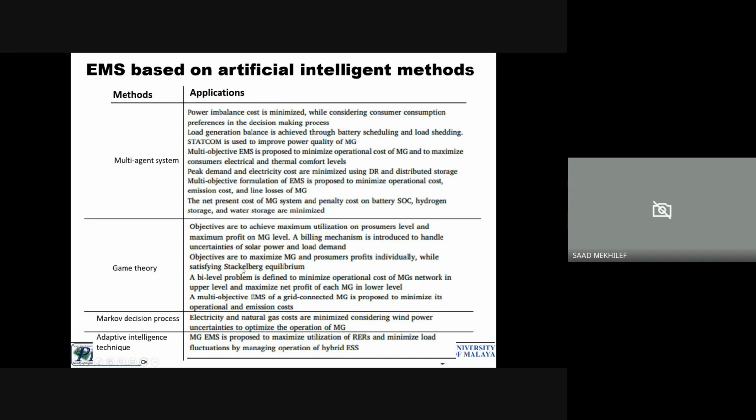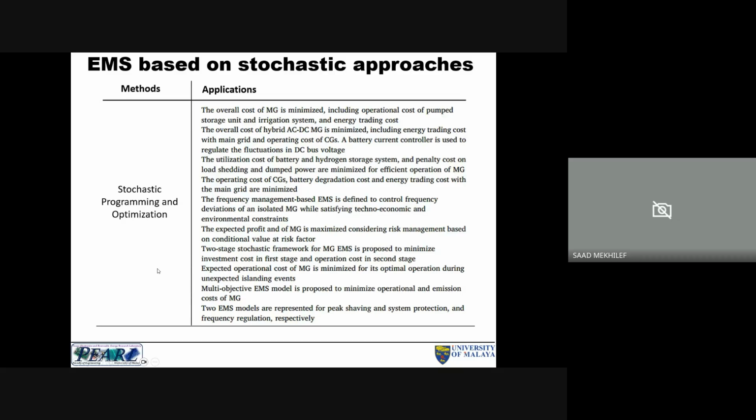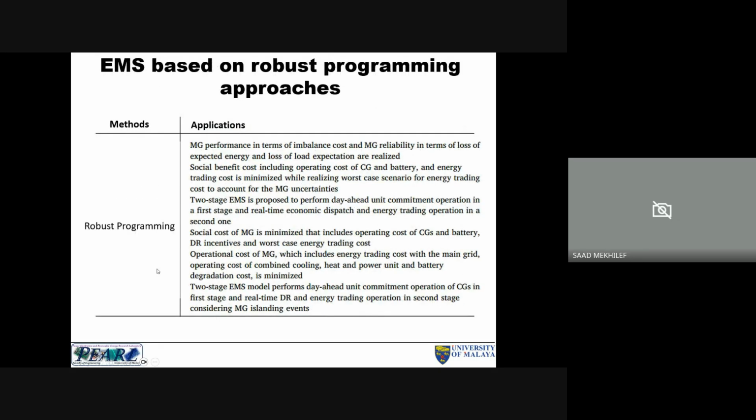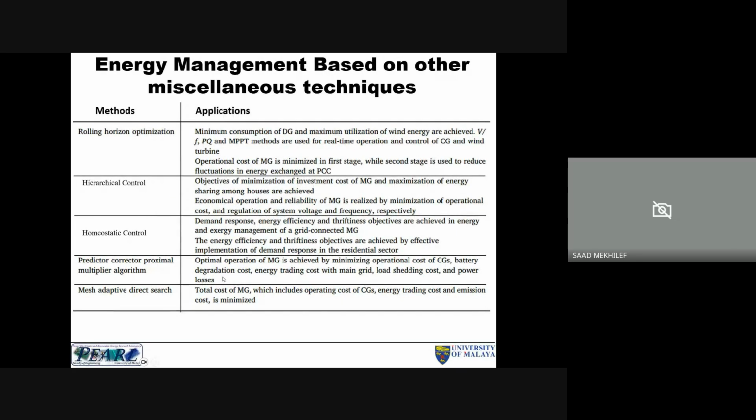Different techniques perform better in different cases. For programming approaches we also have quite a number of methods, and this is the comparison. I will share this if some of you are interested, along with the references. This one is based on predictive control, as I said before. Predictive means you are predicting what is coming, based on history and previous experience.